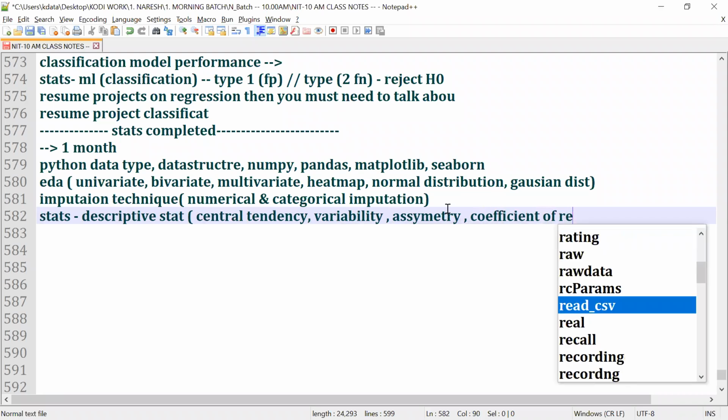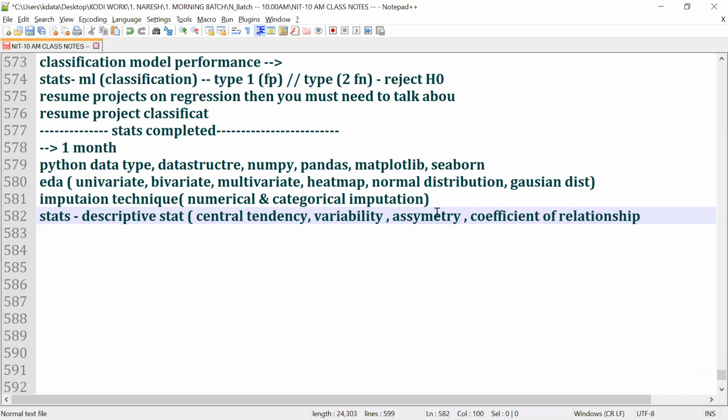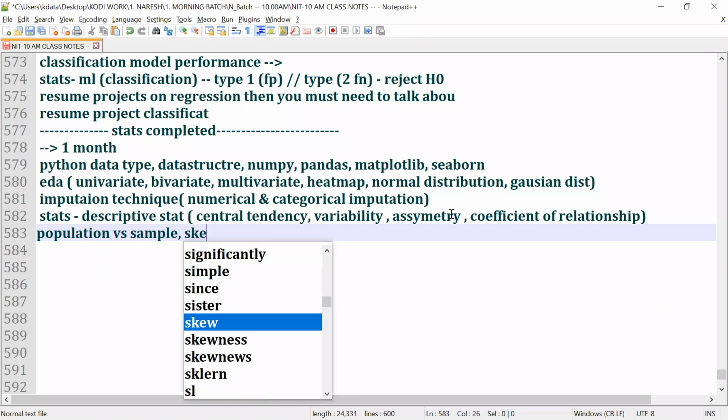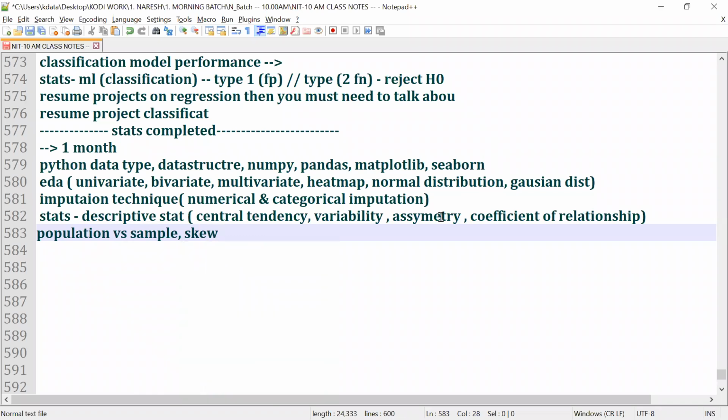In these, we learned many things, guys, like population versus sample and different categorizations of both, right? And also mean, median, mode, what is skewed data, what is positive skew, what is negative skew, what is zero skew, and which type of skewness we need to consider. Zero skew. In kurtosis, what we call mesokurtic.